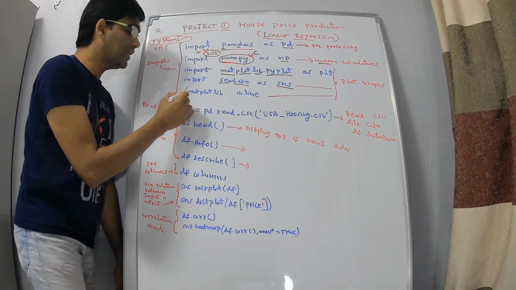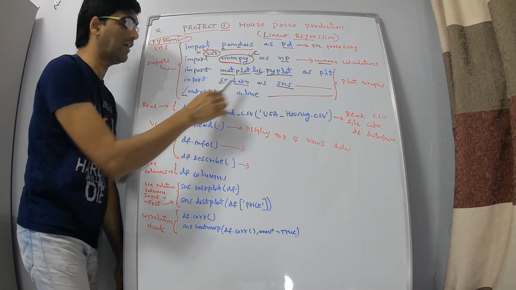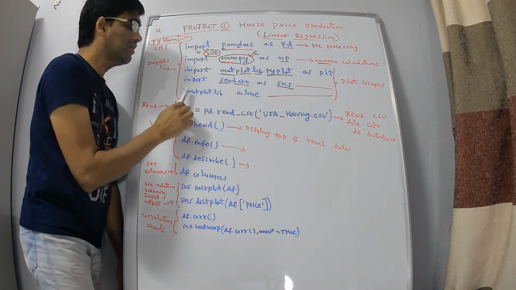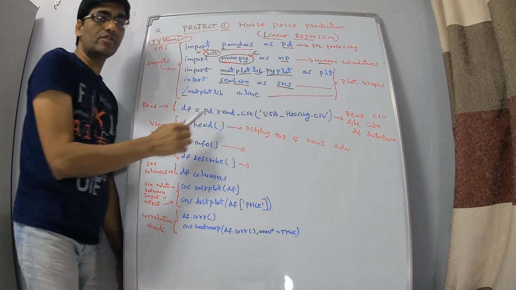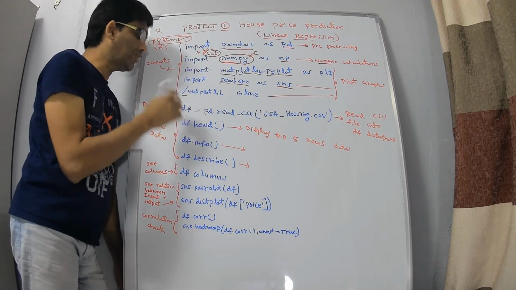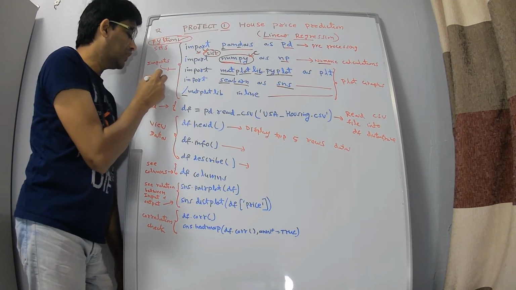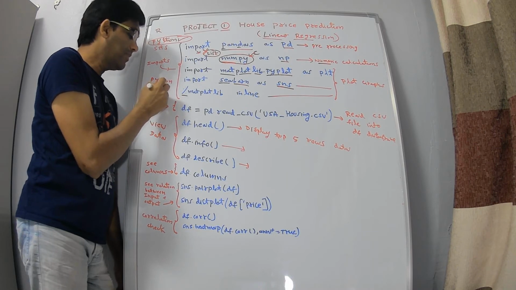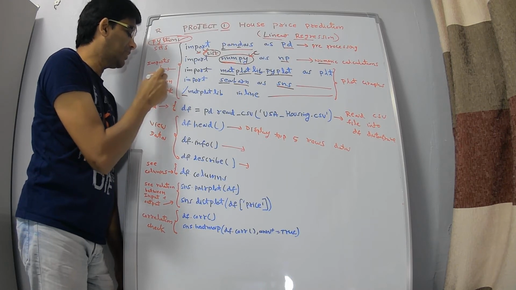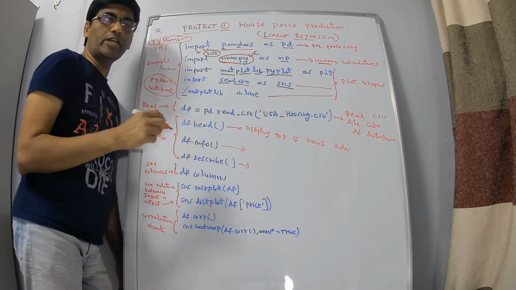Then there is something called percentage matplotlib inline. What this command will do is, we are going to use software called Python notebook. In a Python notebook, any graph you draw might not be visible, it won't display graphs.